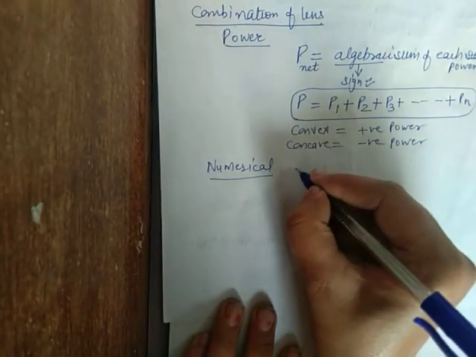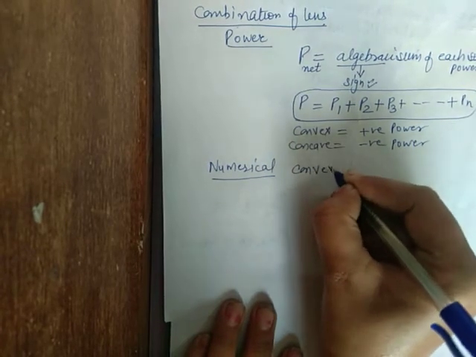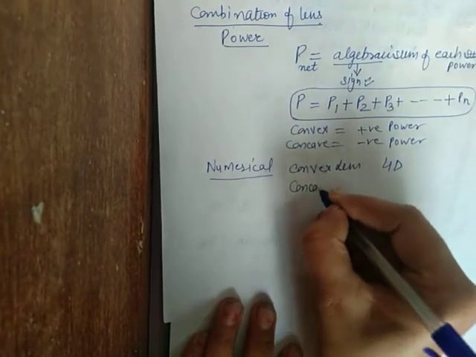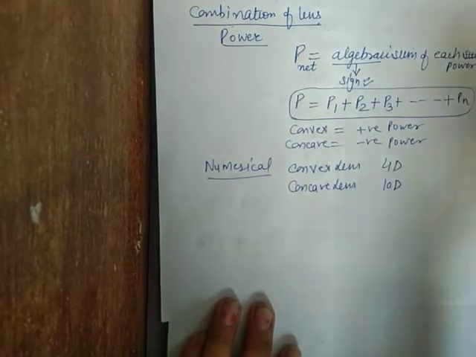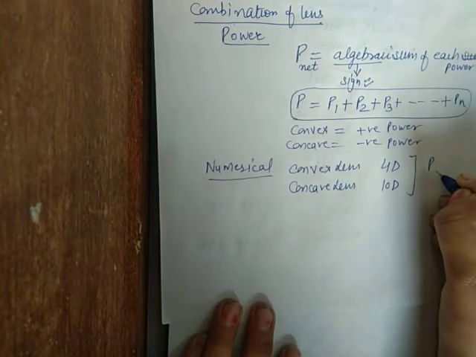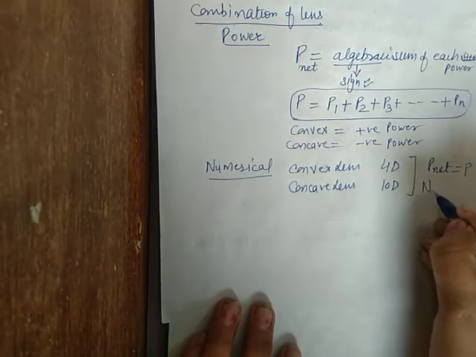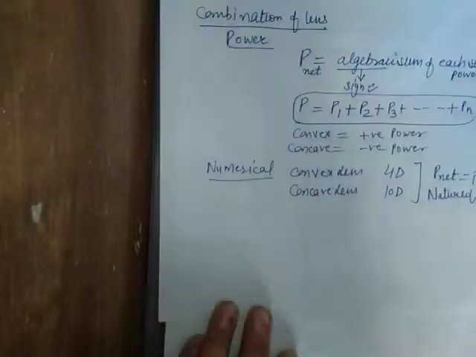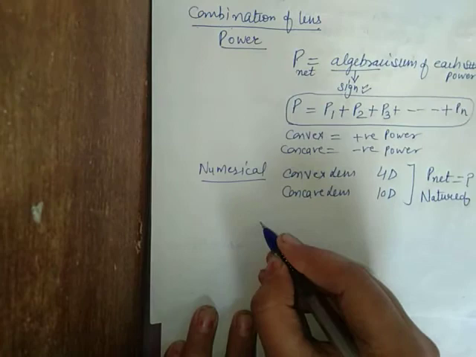If a system contains two lenses, that is a convex lens of power 4 diopter and a concave lens of power 10 diopter, then what is the resultant power, net power of the lens, and what is the nature of the lens? Now we have to find out net power and net nature.